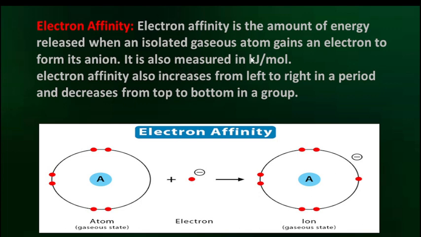It is also measured in kilojoules per mole. Electron affinity increases from left to right in a period, and decreases from top to bottom in a group.